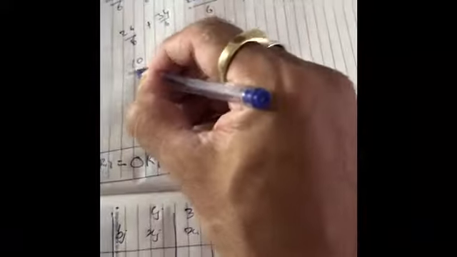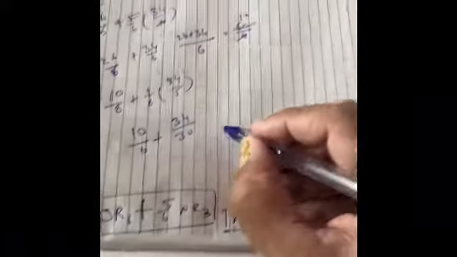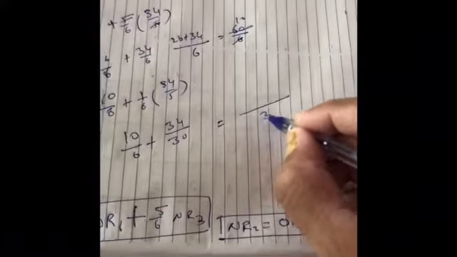Now let's go to x2. What is the old row? It is 10 upon 6. So 10 upon 6 plus 1 upon 6 times new row 3, which is 34 upon 5. So that is 10 upon 6 plus 34 upon 30. LCM is 30.